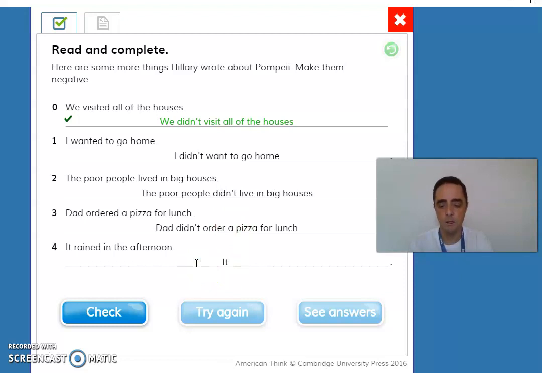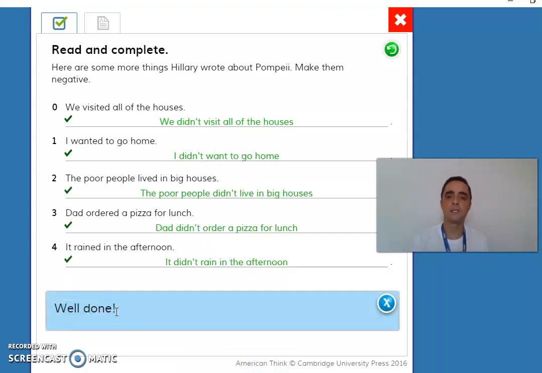Then it rained in the afternoon. Then I'm going to put didn't, and the verb goes back to the base form. So 4 sentences in the negative related to the simple past.